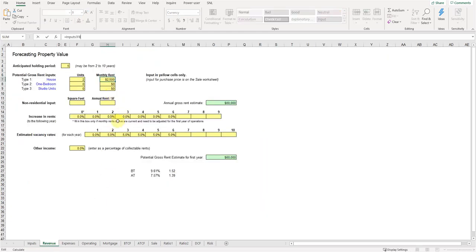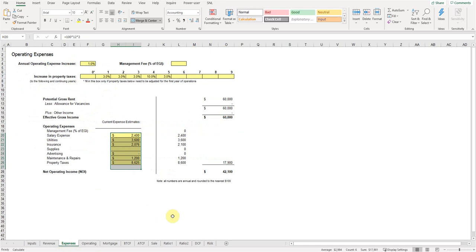So we're pretty good on the revenue side of things, but we haven't input most of the operating expenses. So here, I like putting in a salary. You can either put in the management fee line or salary expenses. I like budgeting for $100. There's three units and $100 per month per unit.